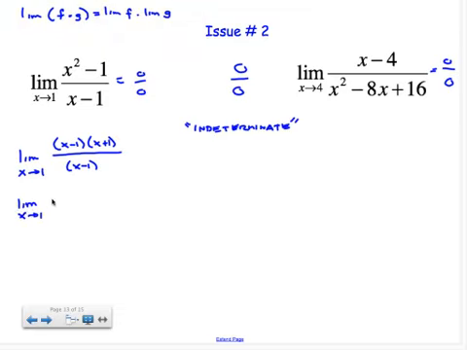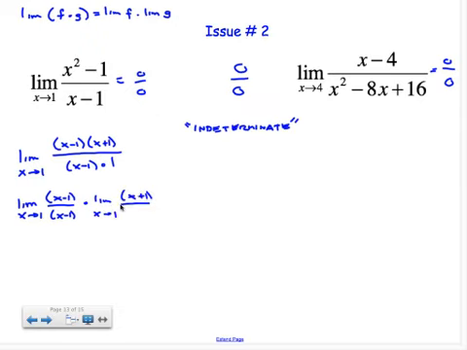So the limit as x approaches 1, I'm going to split this up. I'm going to write the denominator as x minus 1 times 1 and show you that this is a legal move here. x minus 1 over x minus 1, that's the first part, and then times the limit as x goes to 1 of what remains, which is x plus 1 over 1.